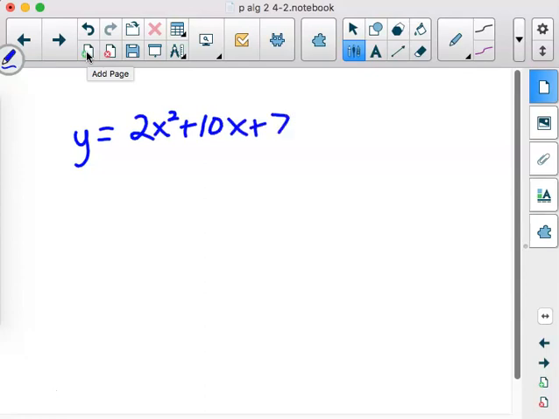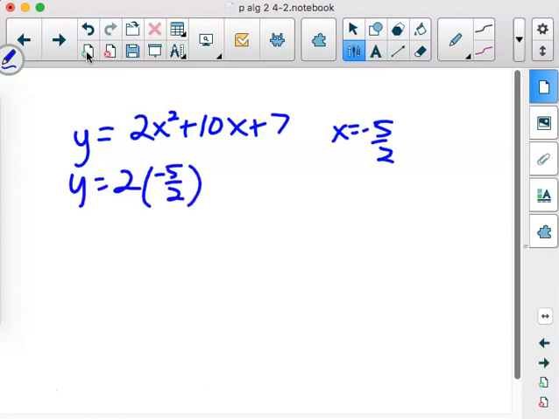And we now know that for our vertex, we had negative 5 halves. So what I have to do is plug that negative 5 halves in anywhere that there's an x.